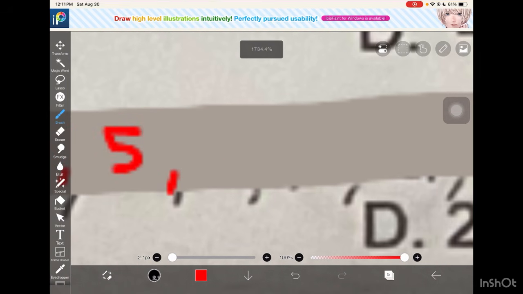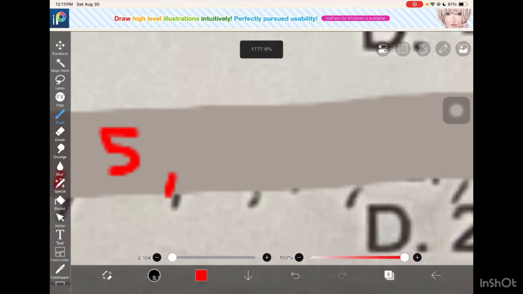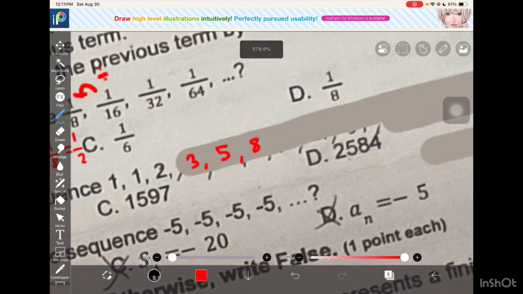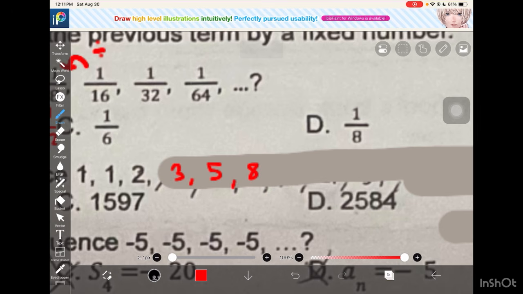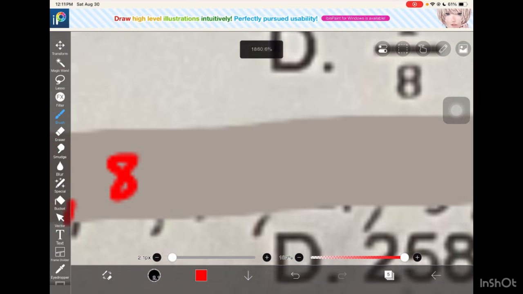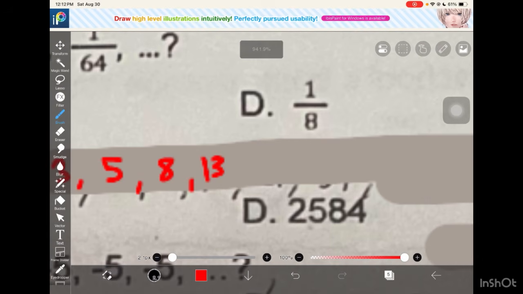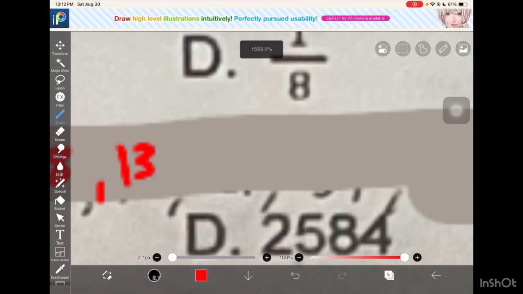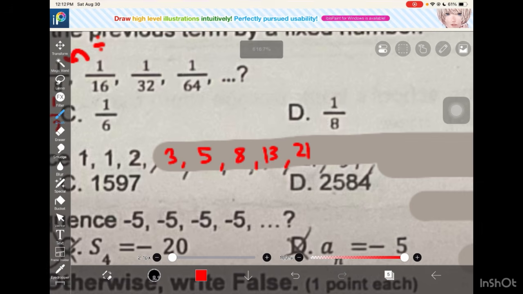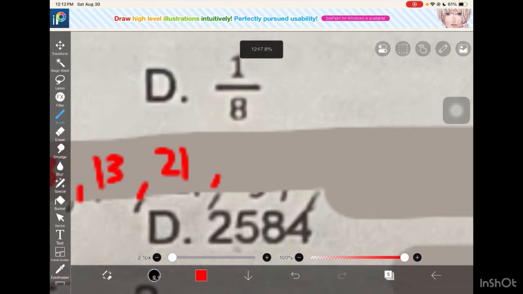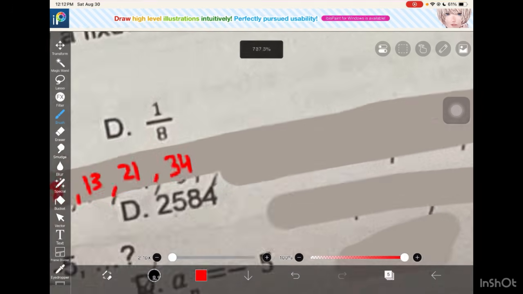For the sixth term, 3 plus 5, that's 8. For the seventh term, it's going to be 5 plus 8, that's 13. Then for the eighth term, it's going to be 13 plus 8, that's 21. For the ninth term, 13 plus 21 is equal to 34.